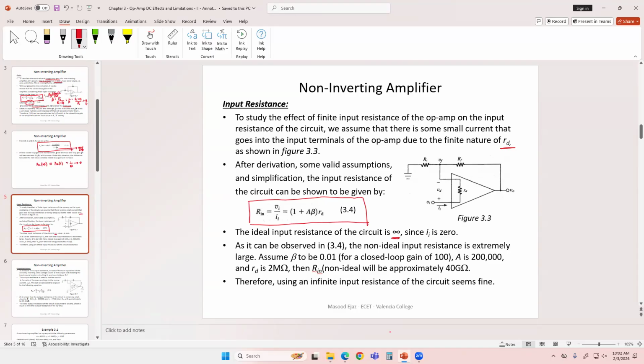So the input resistance for the non-ideal case will be approximately equal to 40 giga ohms if you plug in all these values and multiply. Of course, 40 giga ohm is as close to infinity as possible, and that's why using an infinite input resistance of the circuit seems fine. You don't really have to start calculating the actual value of the input resistance.